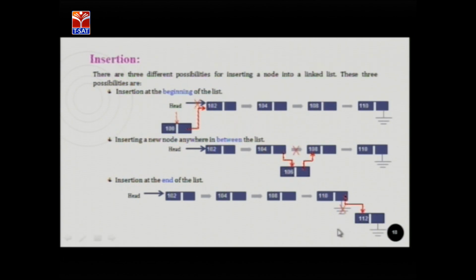Then it will be considered the tail node, and the node will be added at the last part. This is how we are able to insert or add nodes into the linked list.